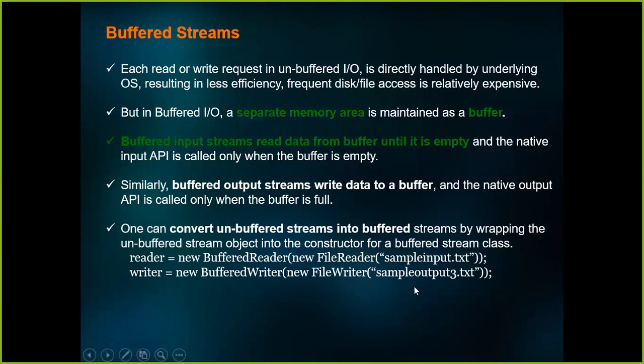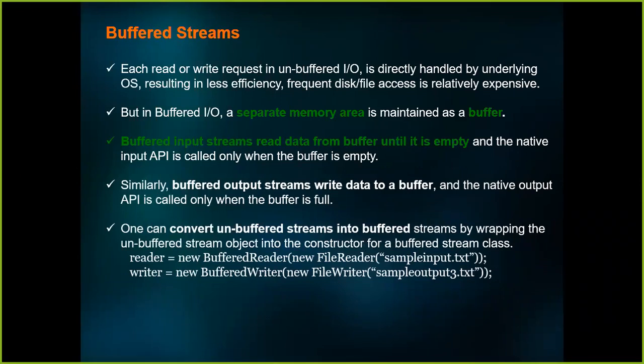If you have a sample input.txt file and you want to read it by character, go for the FileReader. If you want to read by byte, go for the FileInputStream. Before reading from this, you should get that into a BufferedReader first.